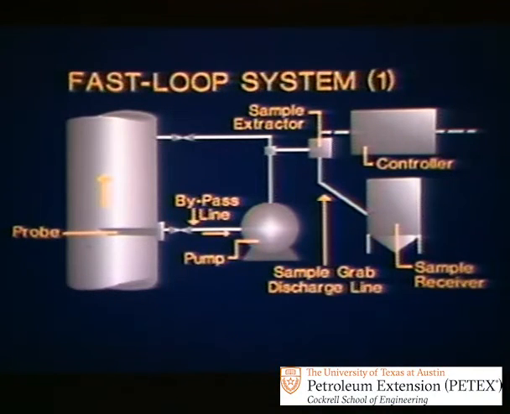It consists of a bypass line that comes out of the main pipeline at the probe, a pump, sample extractor, controller, sample grab discharge line, and sample receiver complete the system.